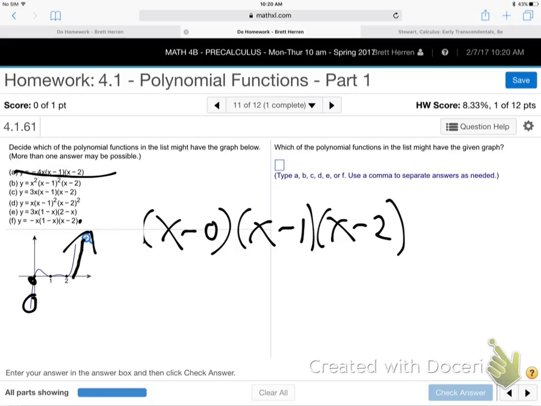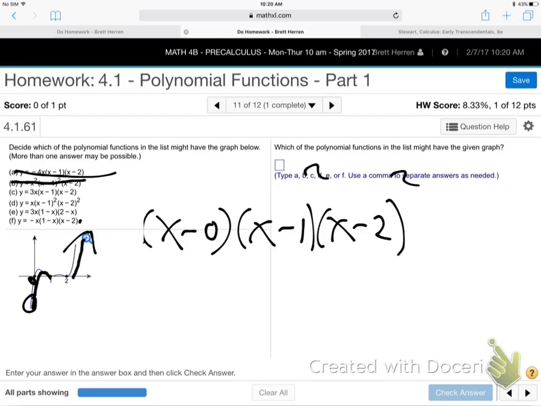But I better take another look. It's bouncing at 1 and 2. So second power or fourth power, some kind of even power, must be on the x minus 1, the x minus 2. I didn't notice that. Because it's bouncing at those spots, huh? So even power. But it's not B, because B also has an even power on the 0. It doesn't bounce here. It passes through on that one. So it's not B.